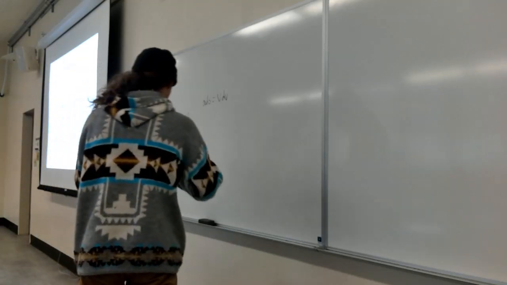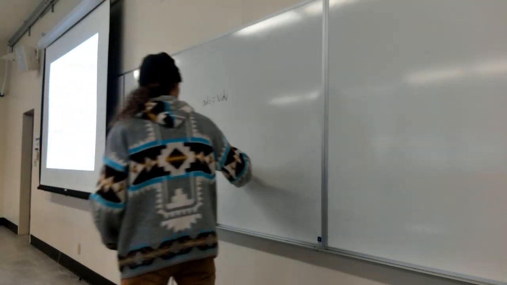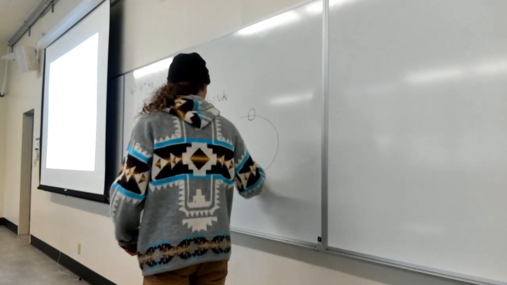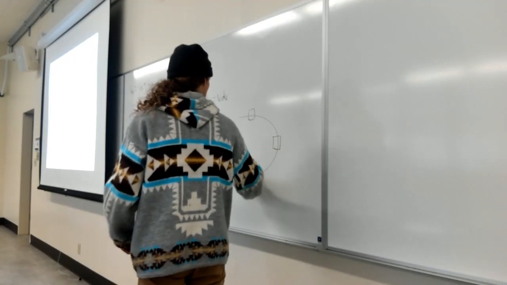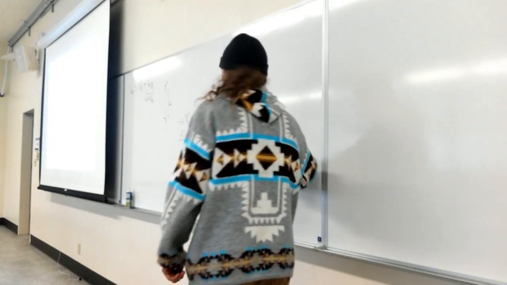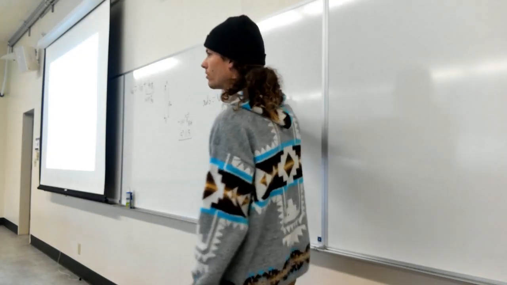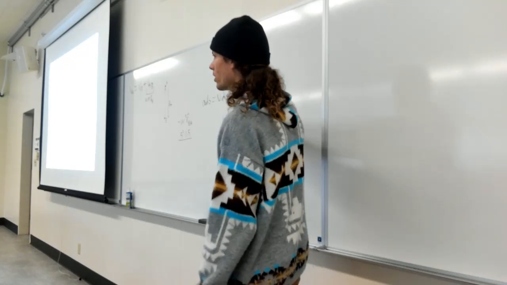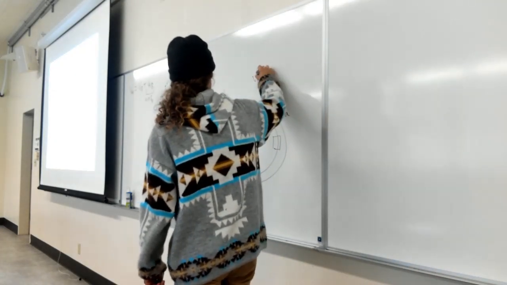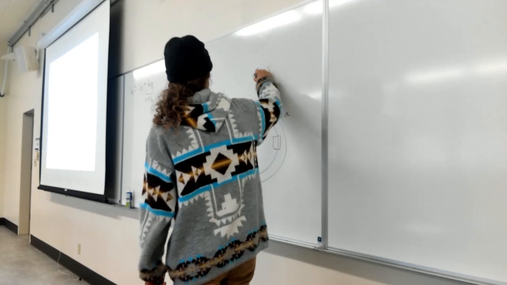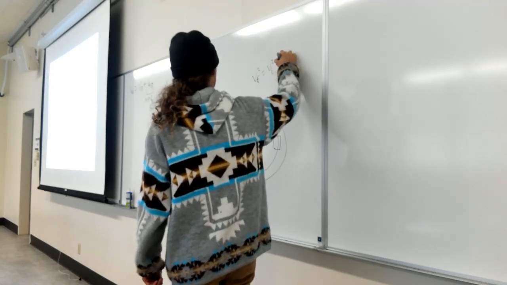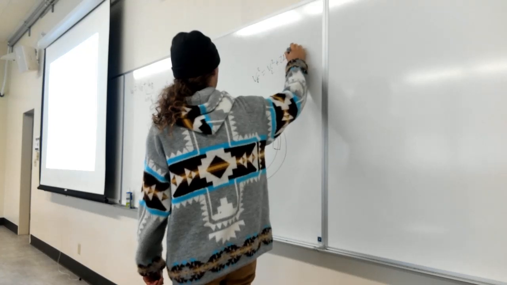So on your midterm, you guys had a plane going like this, and it was decelerating with a negative a here. It was going around a curve, but you could still use your linear acceleration equation: v final squared is equal to v initial squared plus 2 delta x times a.